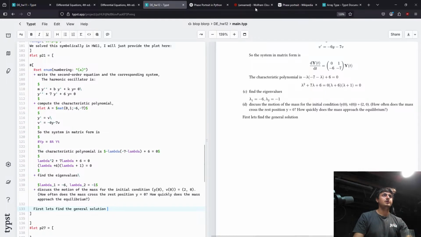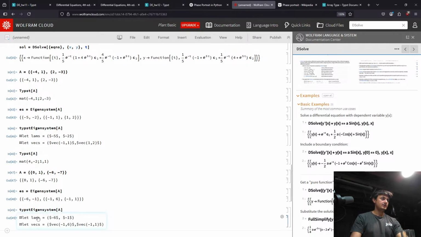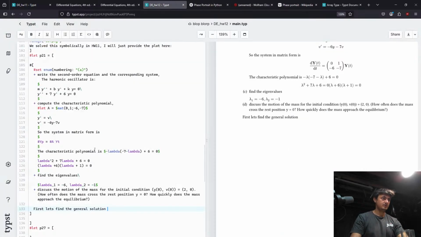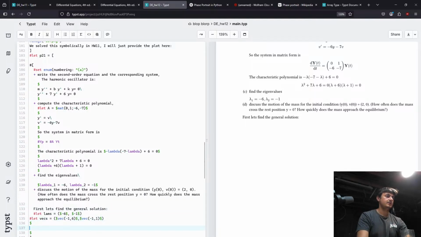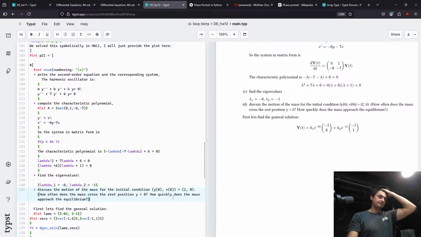Okay, first let's find the general solution. So we can just do type eigensystem of A. We get this code. So we get this, and then we get y of t is equal to gen solution lambs vex. But I think I have to do, I don't know when I have to do the hash versus when I don't do the hash. I don't even know.